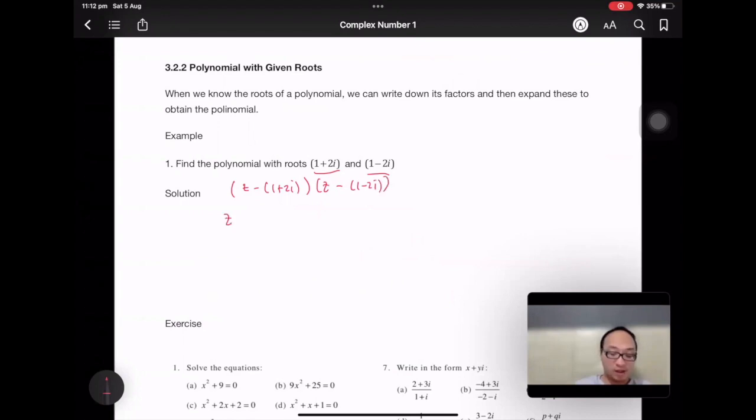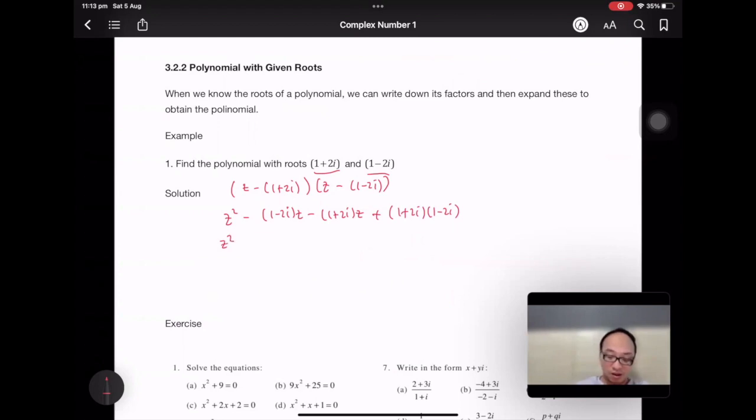And then we expand: z squared minus 1z minus 2iz minus 1z plus 2iz, and then minus becomes plus, (1 plus 2i)(1 minus 2i).